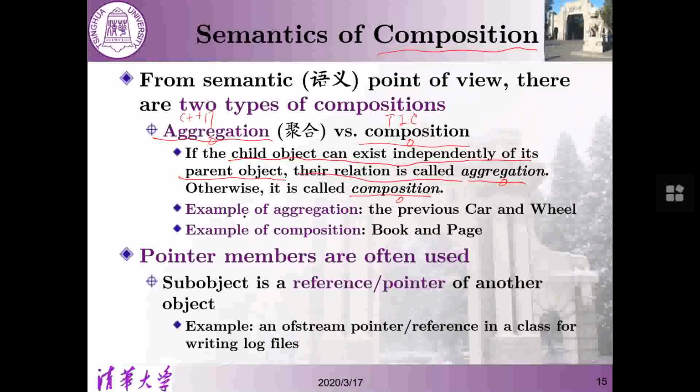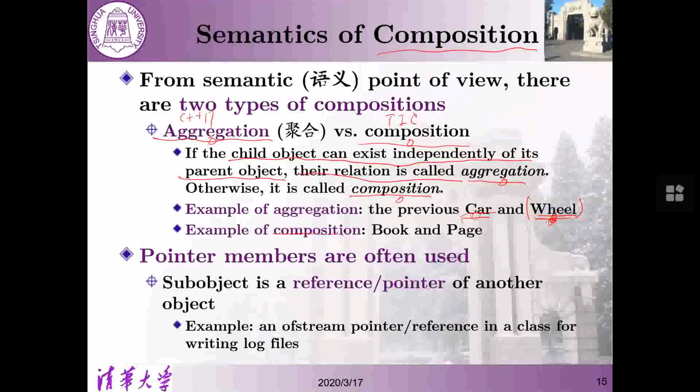For example, with the previous car and wheel, apparently the wheel class can exist without car, because some factory may manufacture wheels without a car. So this class can exist without the parent class.